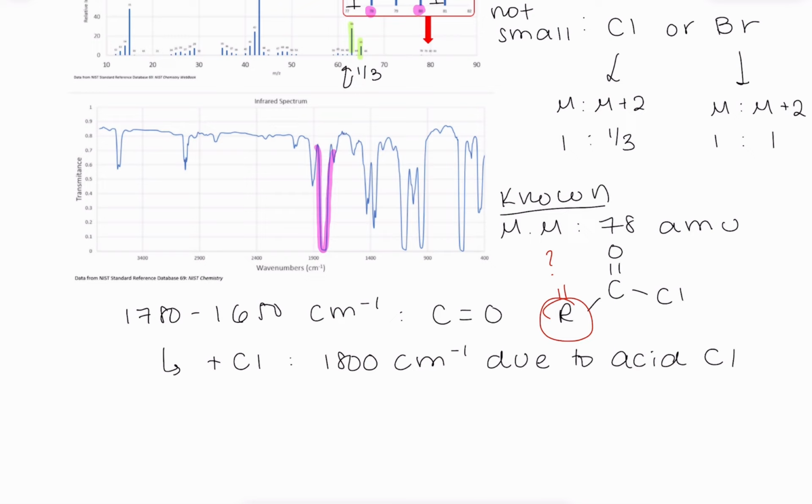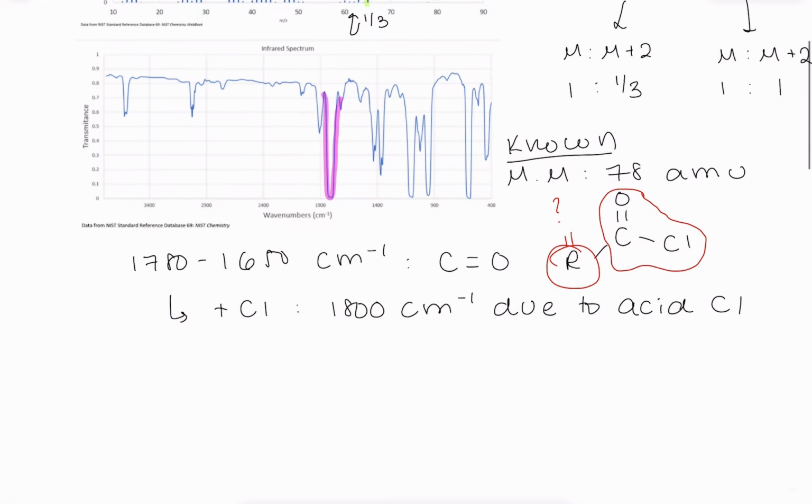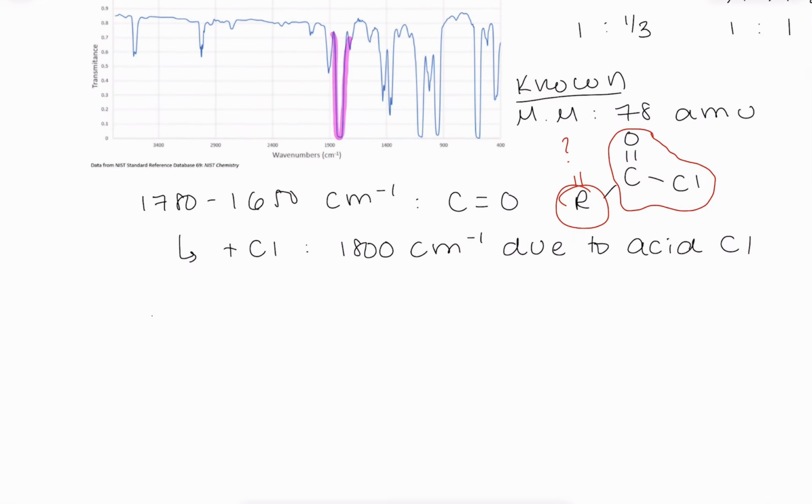To do this, we must subtract the mass of this COCl group from the mass of our compound, which is 78. So again, the mass of our compound is 78 atomic mass units, and we need to just subtract this group circled in red here.